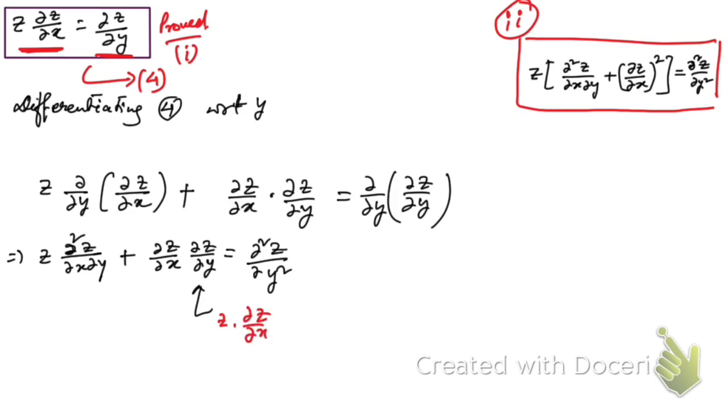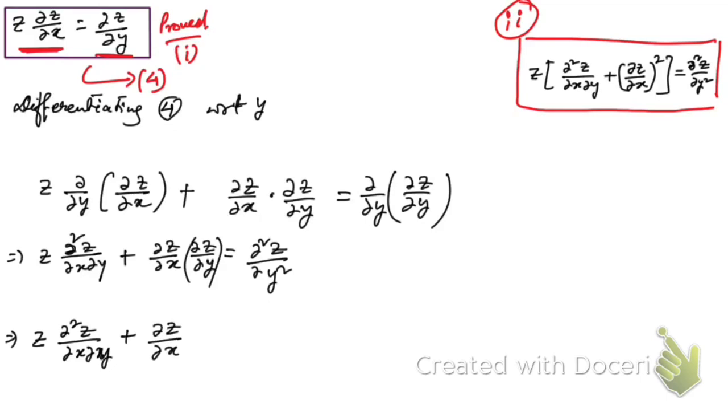If we do so, then we get z del 2z by del x del y plus del z by del x, this term being replaced by z into del z by del x, equal to del 2z by del y 2. So here we have used equation number 4 again.